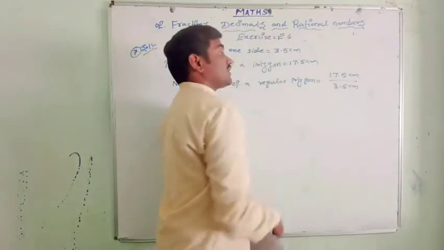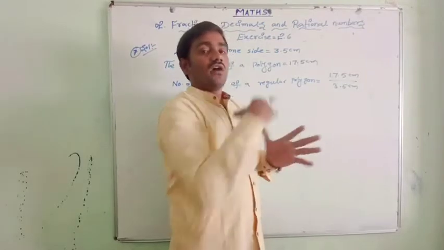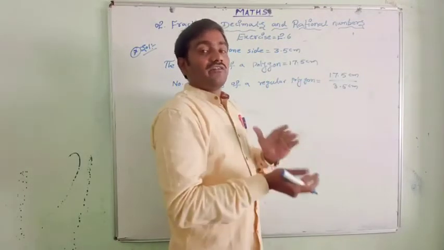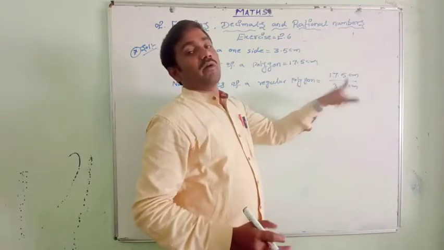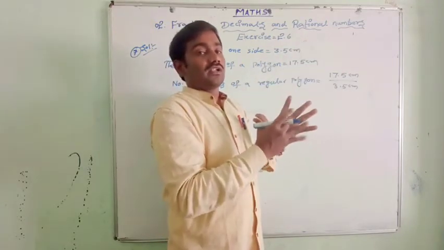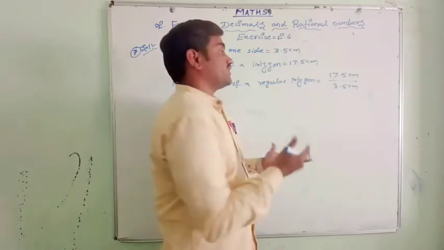This means the sum of all sides is 17.5 centimeter. All sides are added, so we got 17.5 centimeter. From that, one of the sides is given as 3.5 centimeter. If you divide the total length by one length, you will get the number of sides. How many sides does it have?